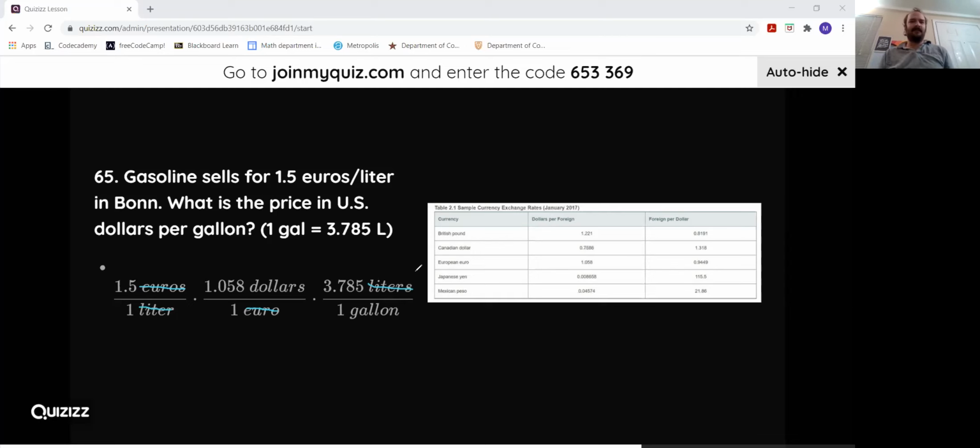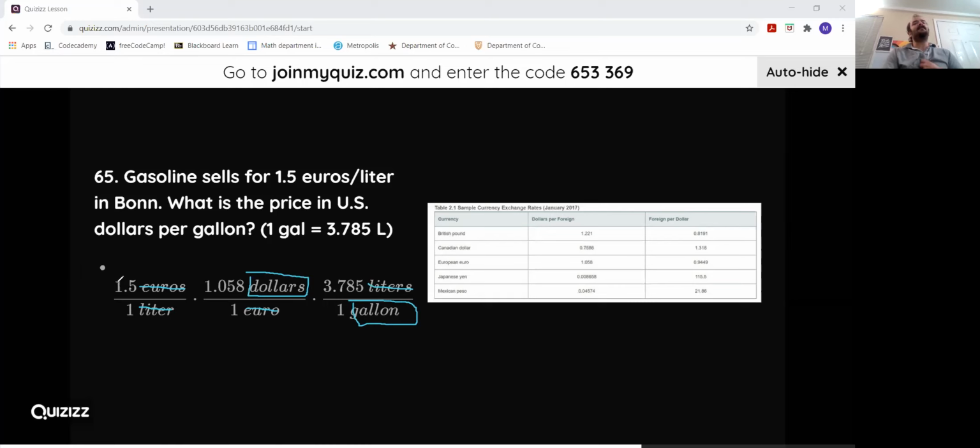So that might be one of the first ones where we actually want the unit on the bottom. But if we look at the units we end up with, dollars on top, gallons on bottom, and everything else is crossed out. This is going to give us something in dollars per gallon. That is how gas is priced over here in the States.